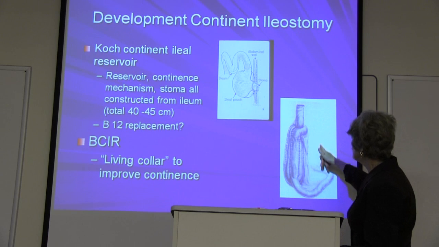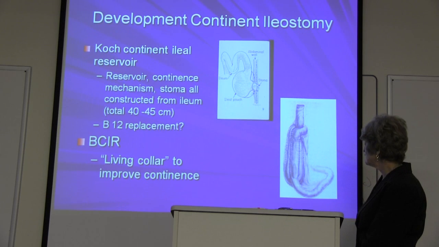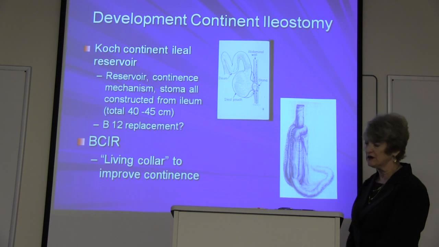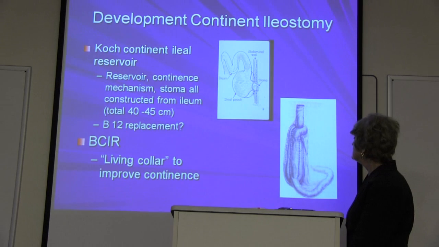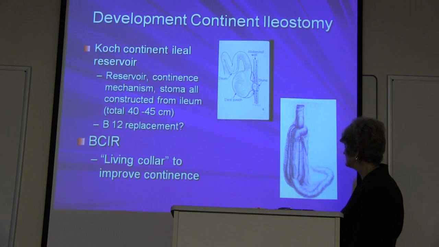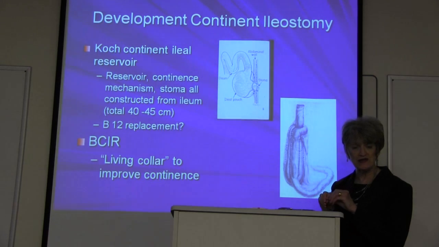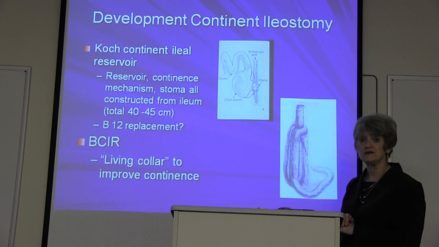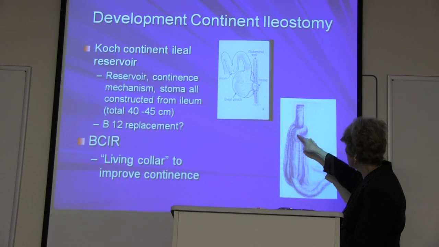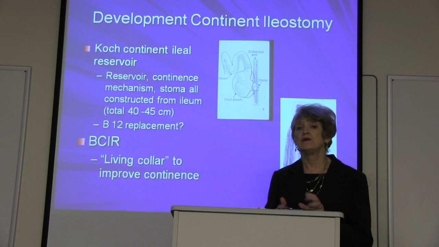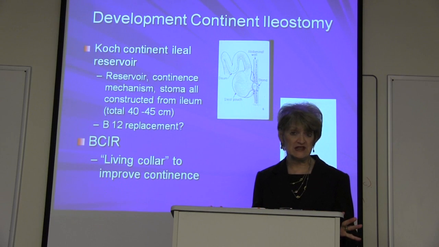Now, this is the most recent version of the abdominal reservoir. This is known as the BCIR, or Barnett Continent Ileal Reservoir. Dr. Barnett modified the original design slightly. He created a living collar, that's what he called it. He took an extra little piece of ileum, wrapped it around the continence mechanism, left one end open to the reservoir and the other end closed. You don't need to know any of the specifics.